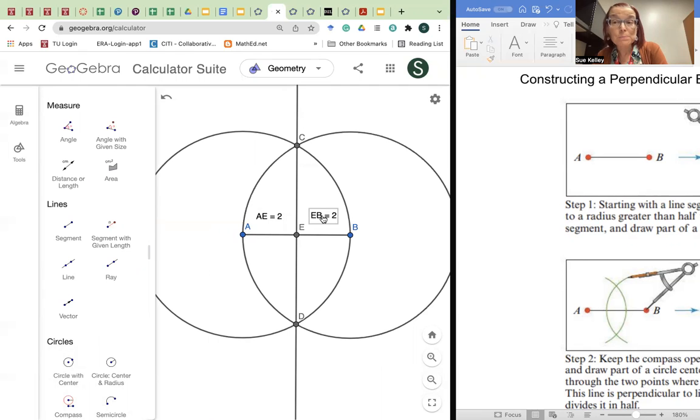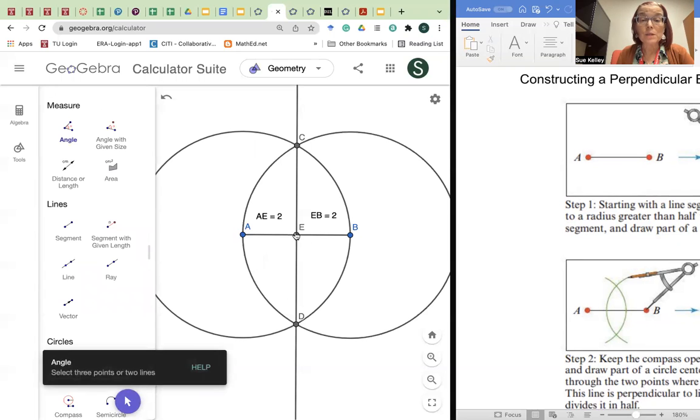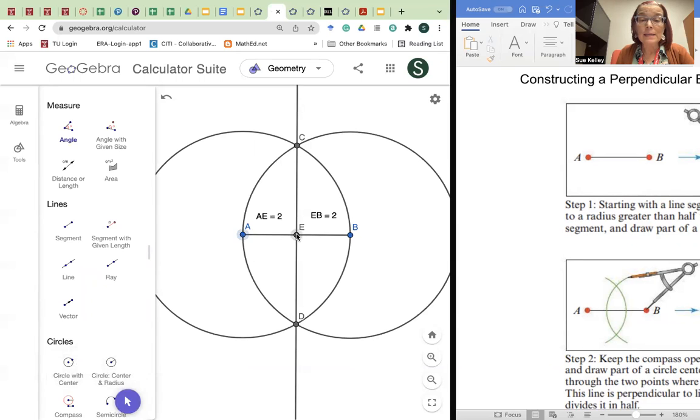I'm not sure if it's a perpendicular bisector. So I better measure an angle, and I'm going to measure this angle AEC. Whoops, it's giving me the wrong angle. It's giving me that whole big outside angle.